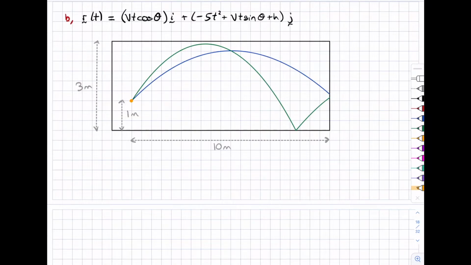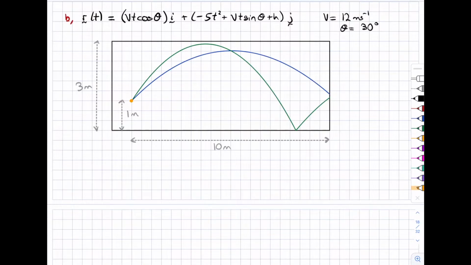All right, now, I'm going to write down the initial conditions that we've been given. Maybe I'll put them up here. V was equal to 12 meters per second. Theta was equal to 30 degrees. And I'm going to substitute these into my equation for r(t), the displacement vector.